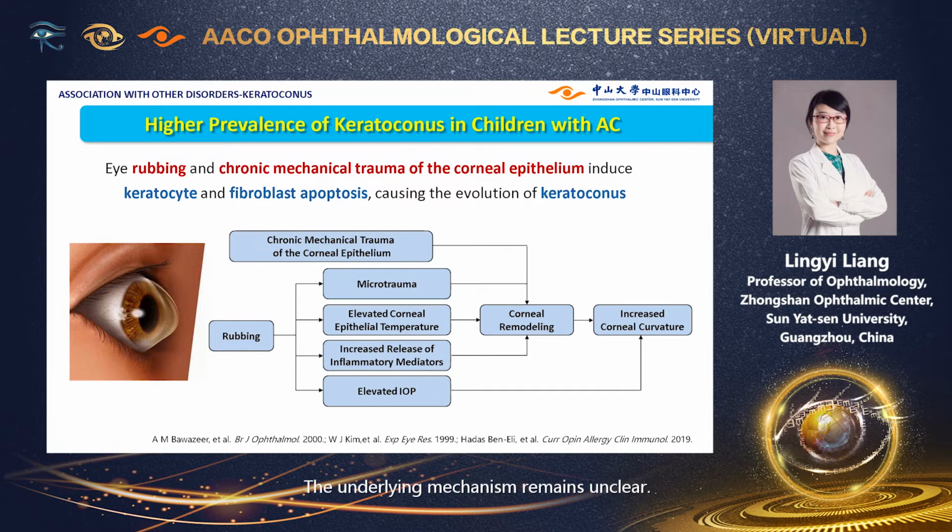The underlying mechanism remains unclear, but it is believed that frequent eye rubbing and chronic mechanical trauma of the corneal epithelium induce keratocyte and fibroblast apoptosis, and therefore give rise to the development of keratoconus.